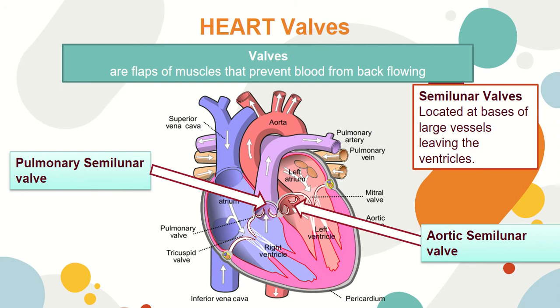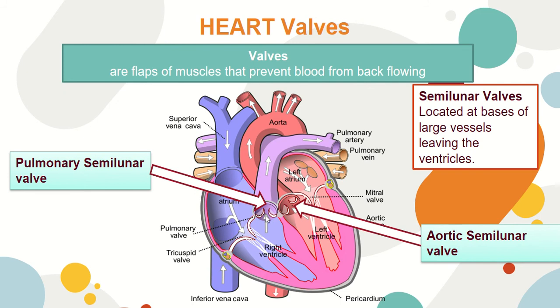Alright, aside from atrioventricular valves, we have what we call semilunar valves. What else when we say semilunar valves? Semilunar valves are located at the bases of large vessels leaving the ventricles. We have two types of semilunar valves. We have the pulmonary semilunar valve.